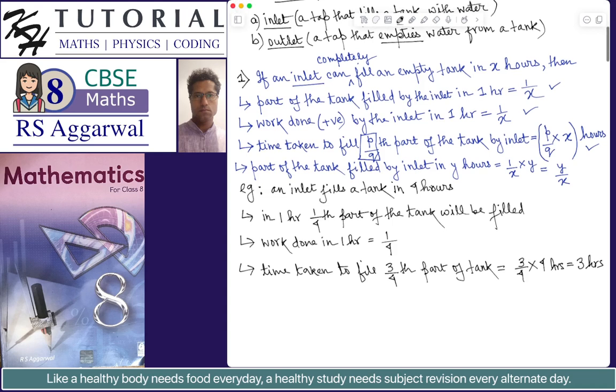So if the inlet is completely filling an empty tank in 4 hours, then we can see that 3 by 4th part of the tank will be filled in 3 hours.